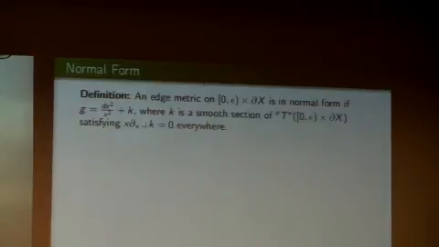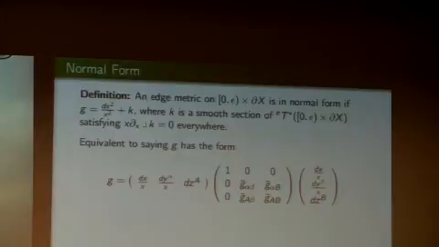But now K is a smooth section of the edge cotangent bundle on the product that has a property that on this product, of course, we've got a dx and an x dx canonical on the product space. So that annihilates K everywhere. So K has no dx over x's in it when you write it out. That's one way to say it. So there's no cross terms, just like before.